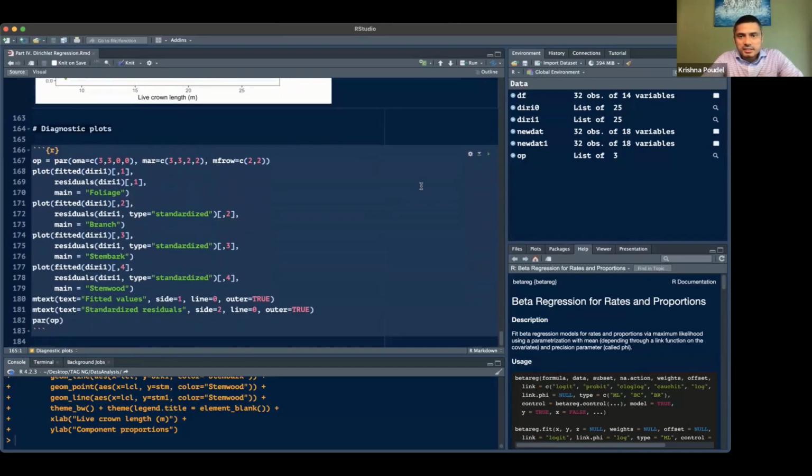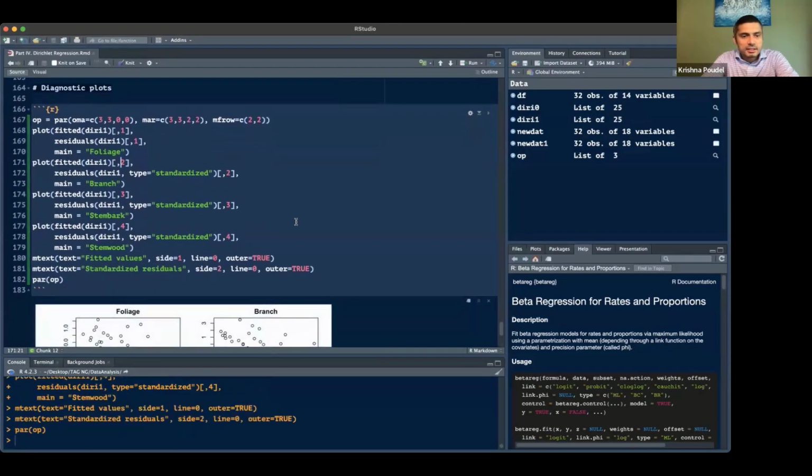Then for the regression diagnostic plots, we can plot fitted values and residuals for the foliage model, because foliage is the first component, so that's why 1, and branch is the second component, so 2, and so on.